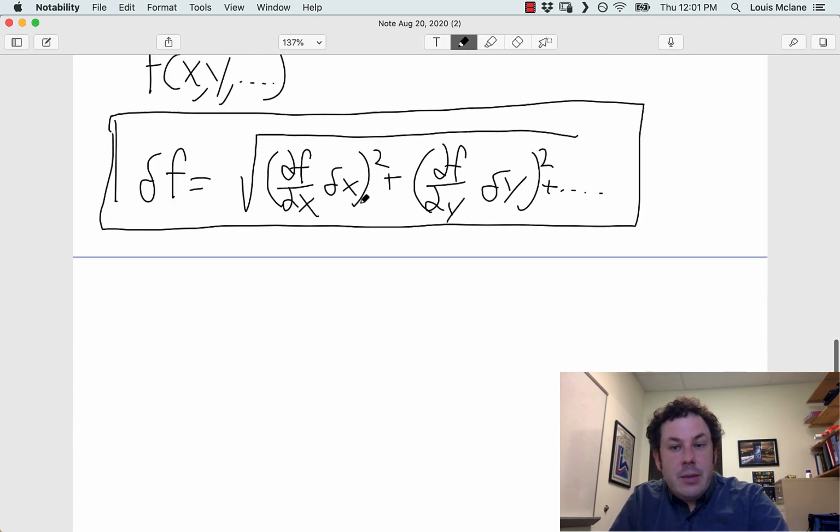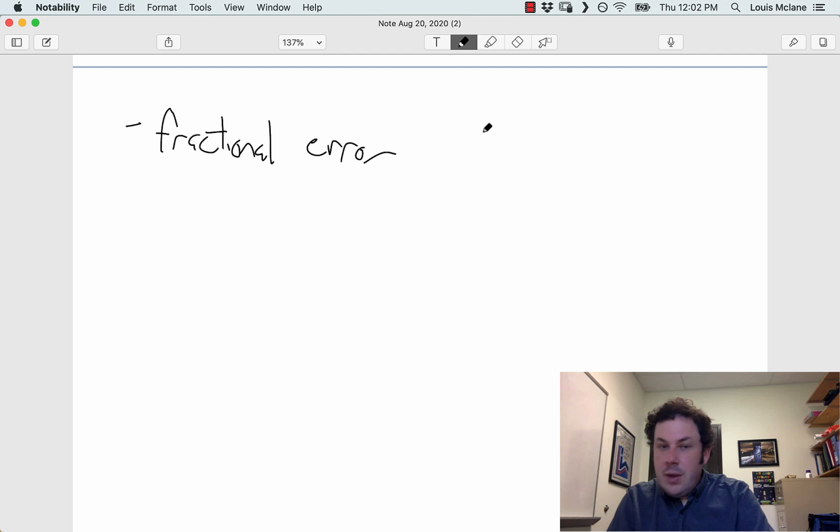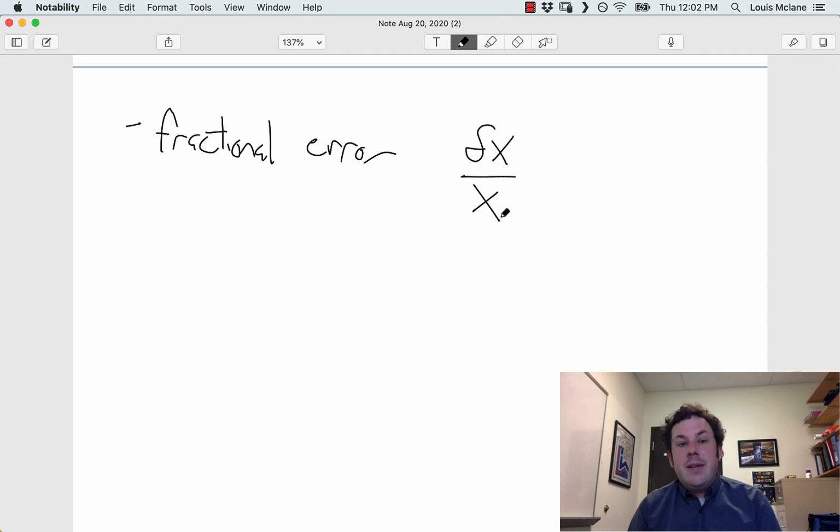The last thing I'd like to talk about, just briefly, is something called fractional uncertainty or fractional error. What this is, is just the uncertainty of a value divided by the value itself. And this is kind of a percent error.